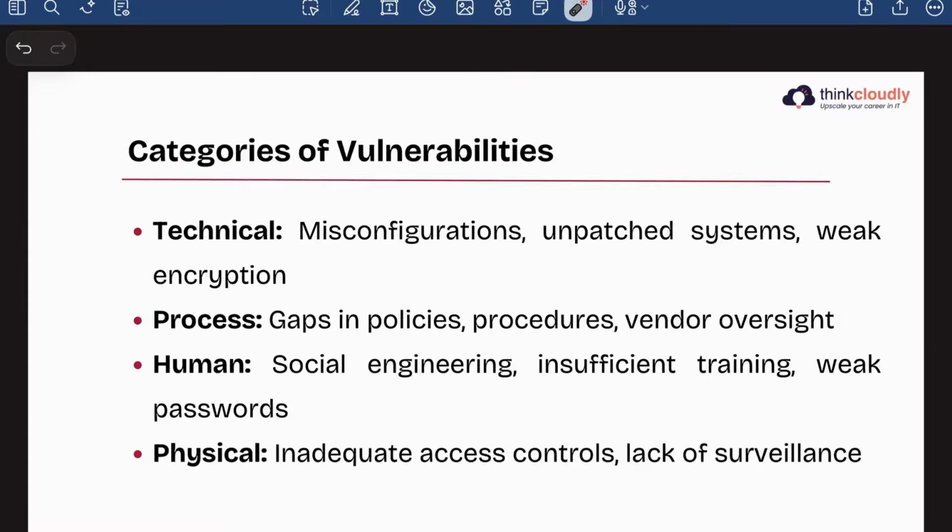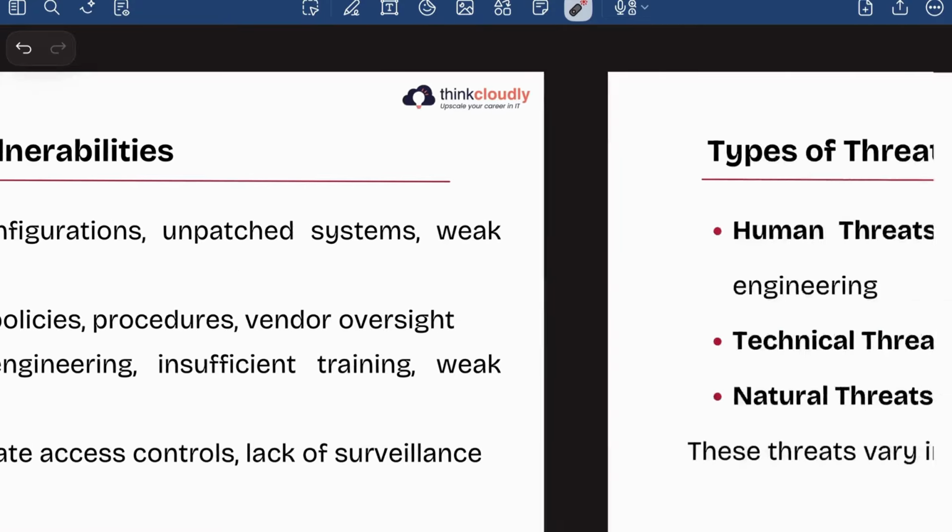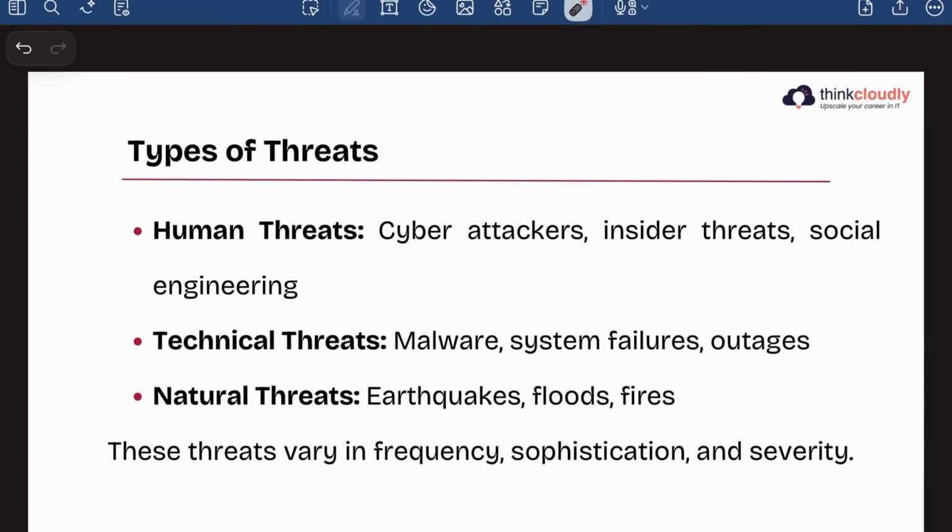Now, I'm going to repeat this. Risk only exists where there's an asset, and there's a vulnerability to the asset, and there is a threat to that asset. If your system has no vulnerability, even if there's a strong threat, risk is low, isn't it?